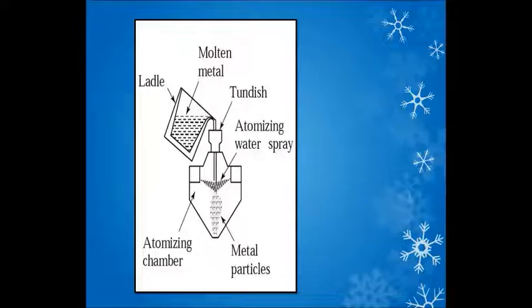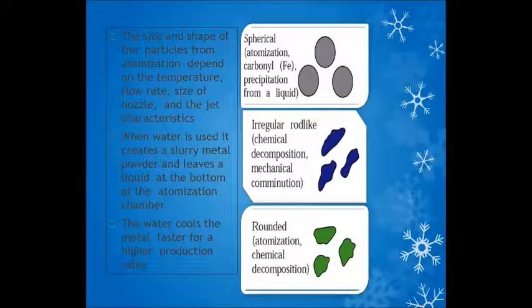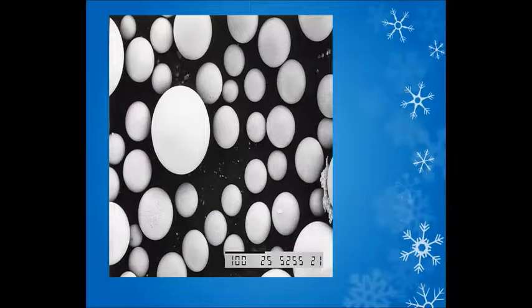In the atomizing chamber, the size and shape of the particles depend upon the temperature, flow rate, size of the nozzle and the jet characteristics. The granule size of the powder metal granules is shown here.